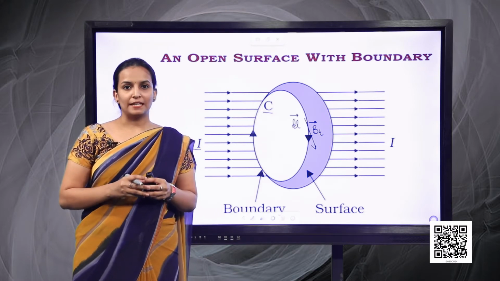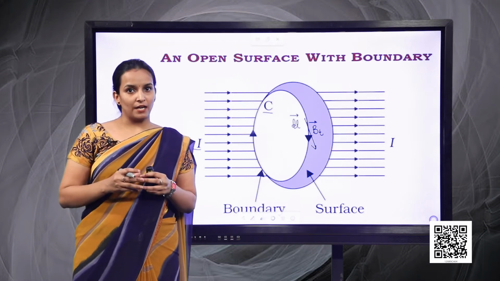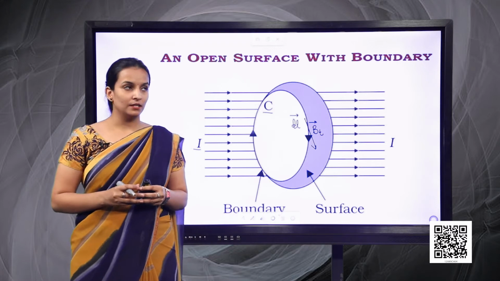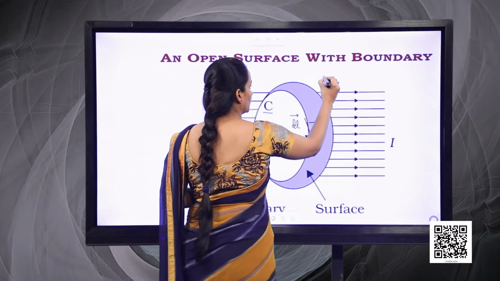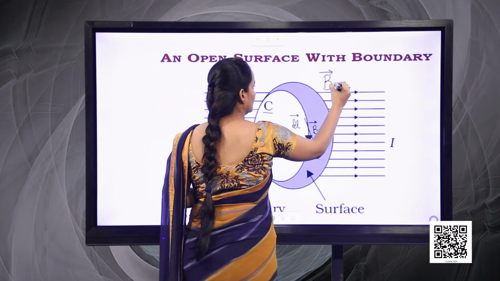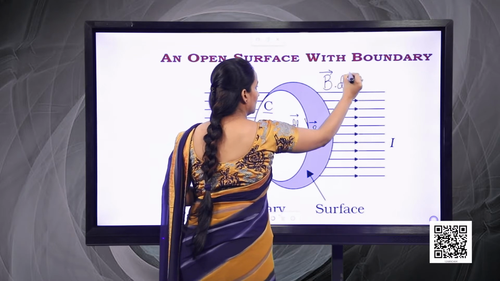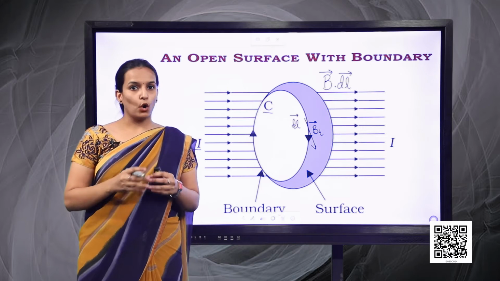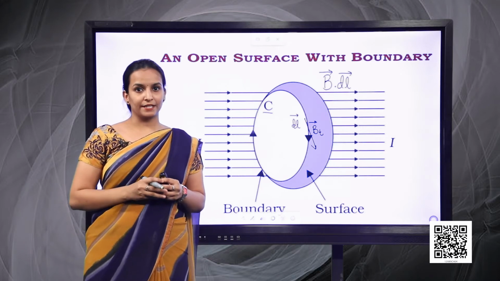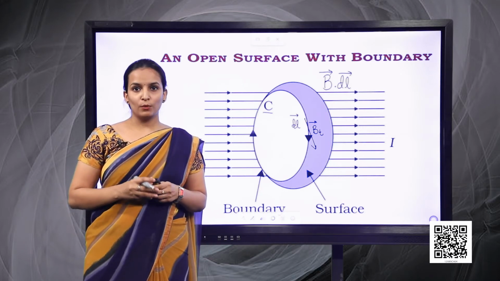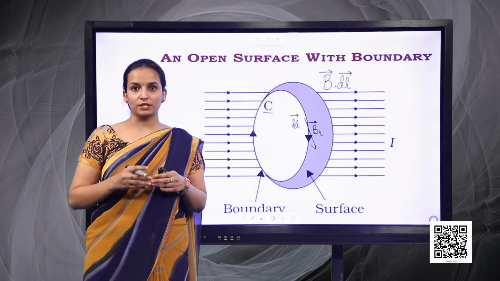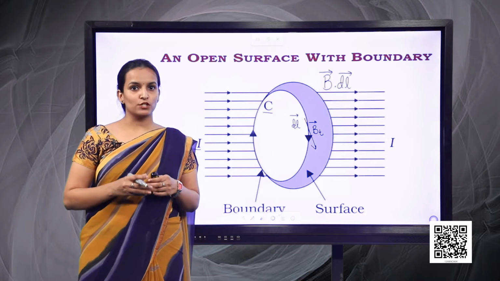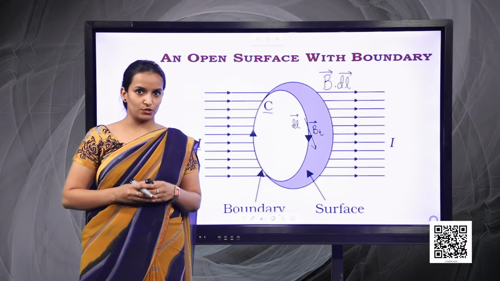Do you know that it can be written as a scalar product, that is B dot dl? Yes, and on adding all the products or integrating it over the loop, we will have the sum of B dot dl, also taking the limits as the lengths of the elements get smaller and their number gets larger.